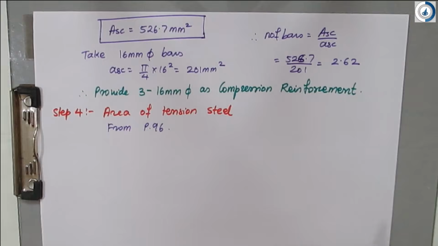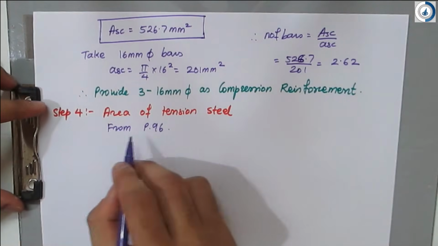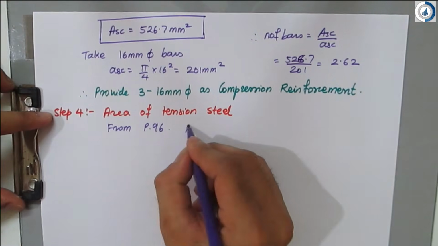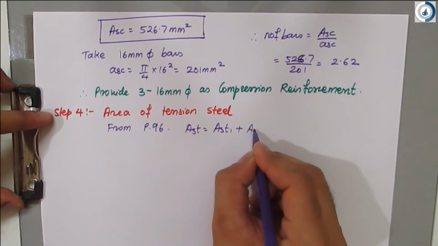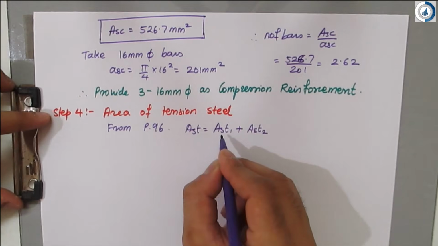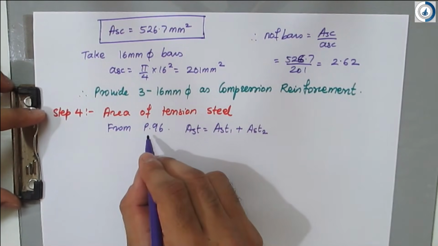So now, if you have seen my previous video, before that we'll finish this from page number 96. AST equal to AST1 plus AST2. What is meant by AST1, AST2 is given on page number 96.